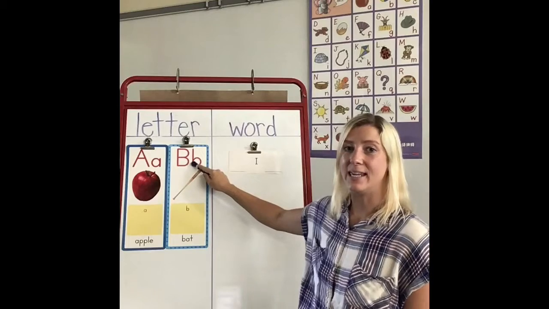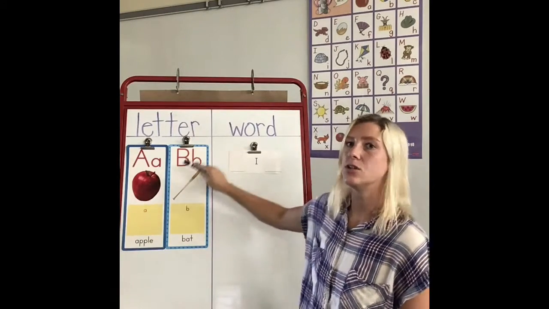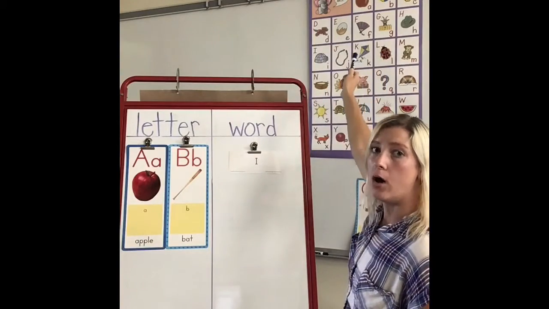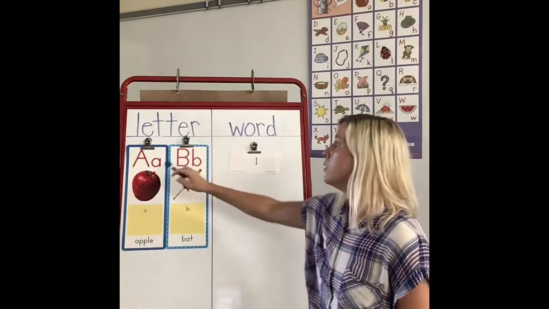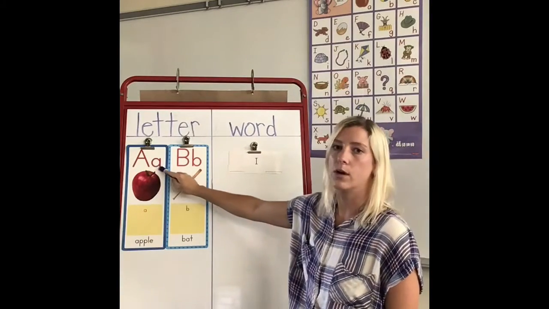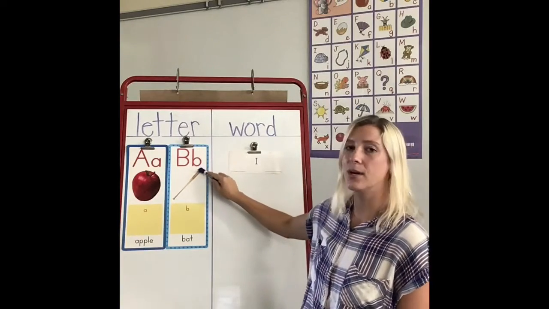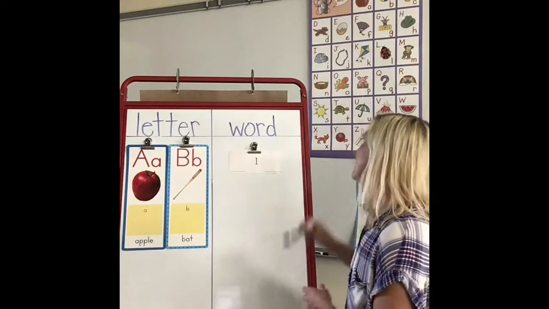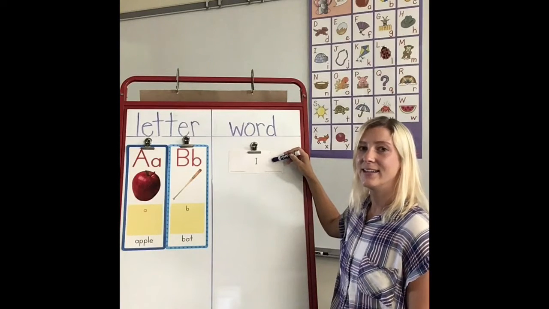We studied B. B says b, like bat or ball. B, b, B. We studied our uppercase A, our lowercase a, our uppercase B, and our lowercase b. The word that we've studied is I.